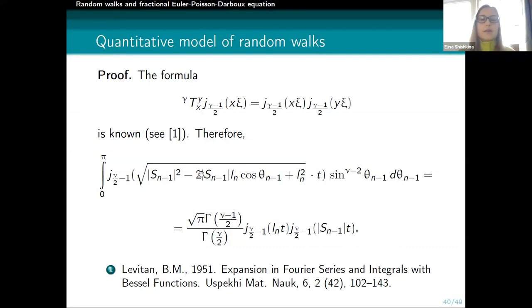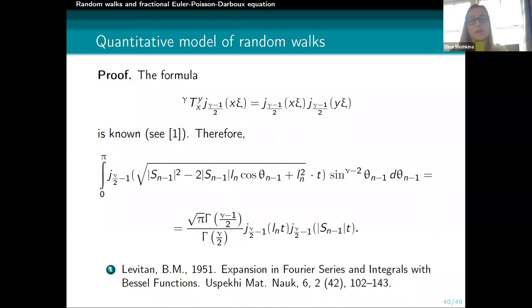This generalized translation was first introduced by Delsarte as a solution of the Cauchy problem for the equation with Bessel operators. Next, Levitan developed a very huge theory of generalized translation operators.